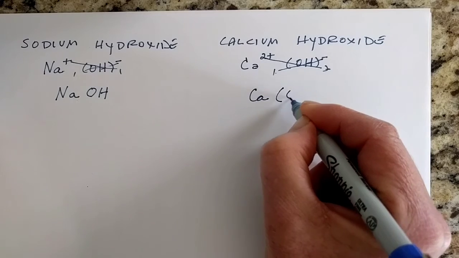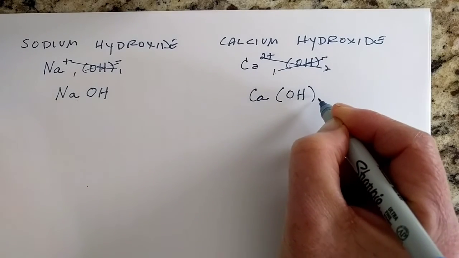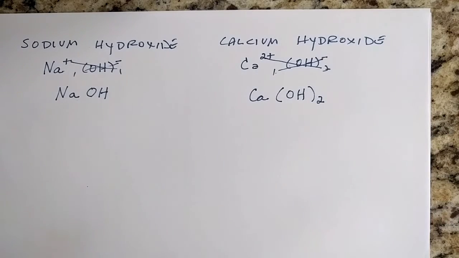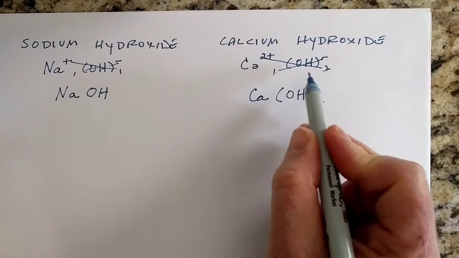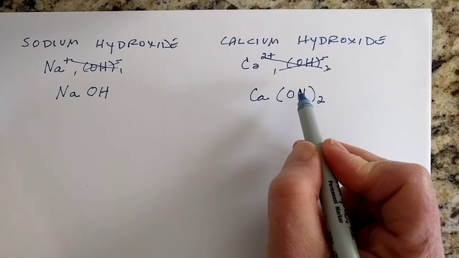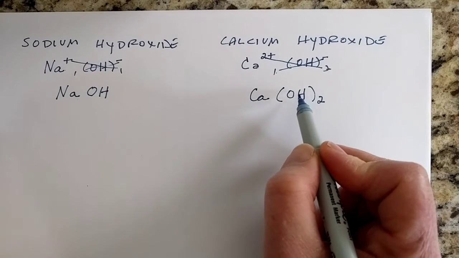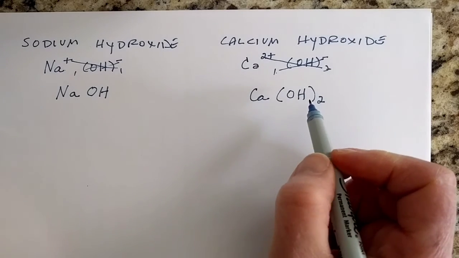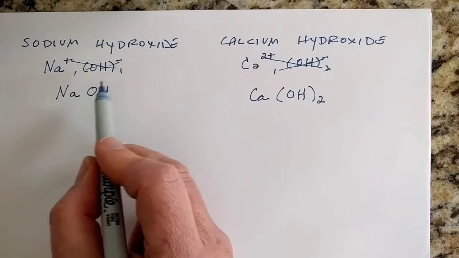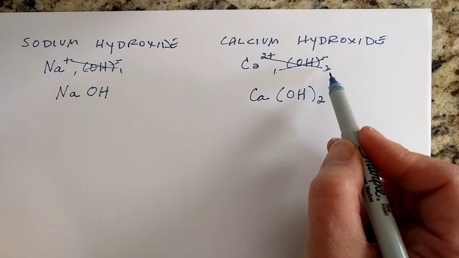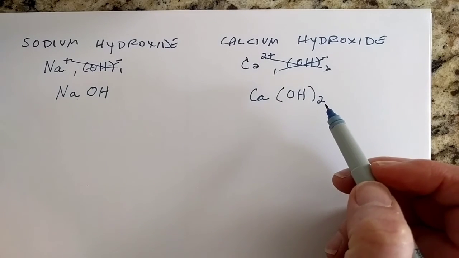I have to include the parentheses now. (OH)2. This 2 means I have 2 of these groups that are inside the parentheses. I must have the parentheses. If I only have 1, don't need it. More than 1, I absolutely need it.